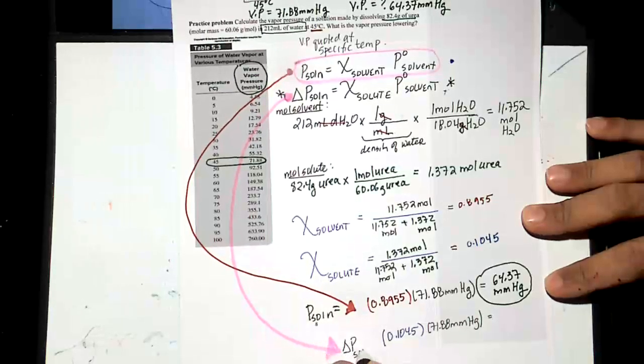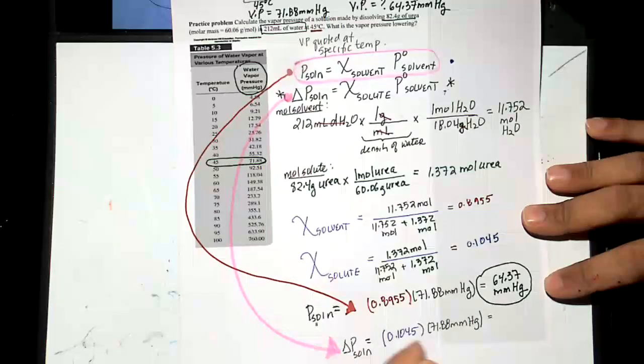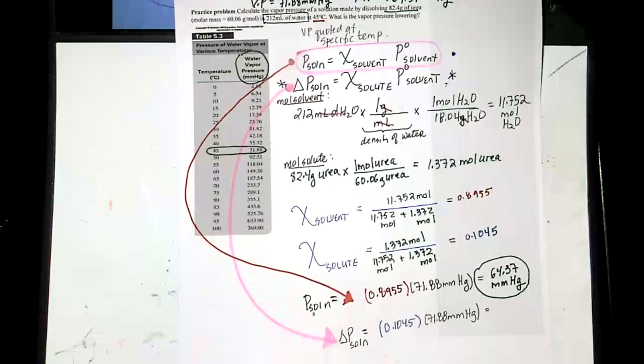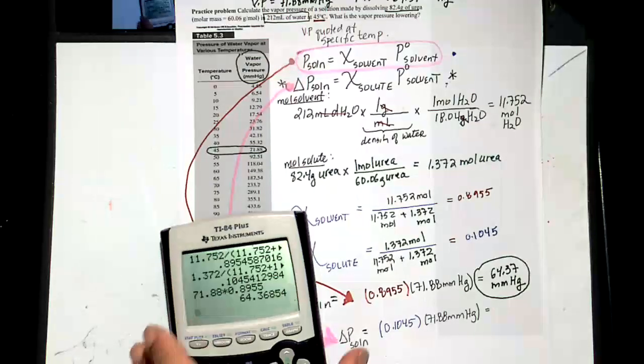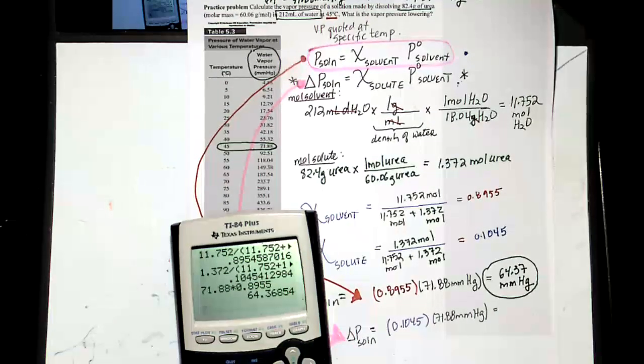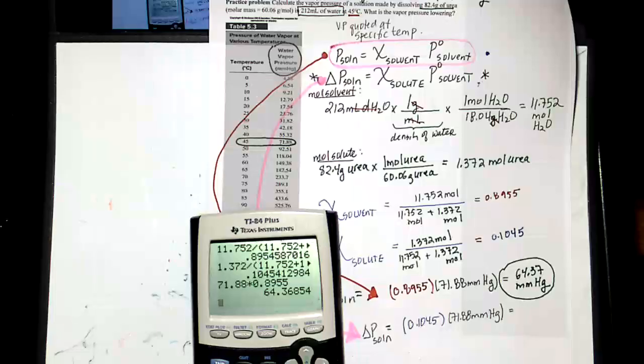Okay, so this is the change. And what's 0.1045 times 71.88?